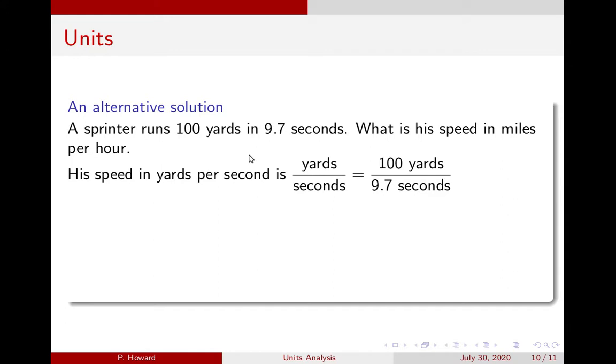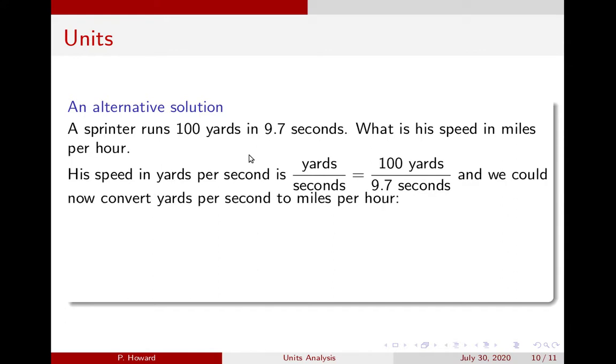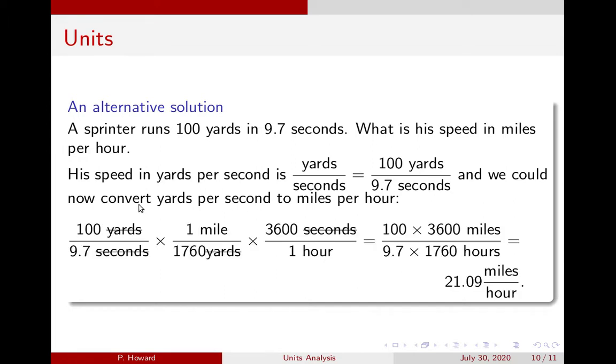Okay, and now what we're going to do is convert the yards per second to miles per hour. Right, this will involve converting yards to miles and seconds to hours. Something we did in the first solution. Okay, so we have a figure of 100 over 9.7 yards per second.